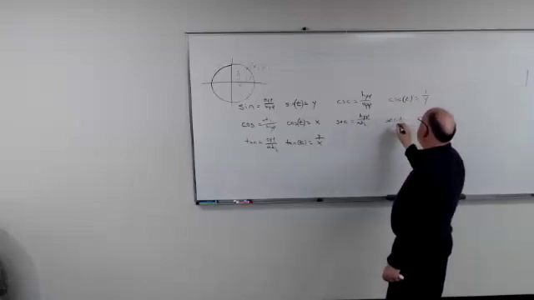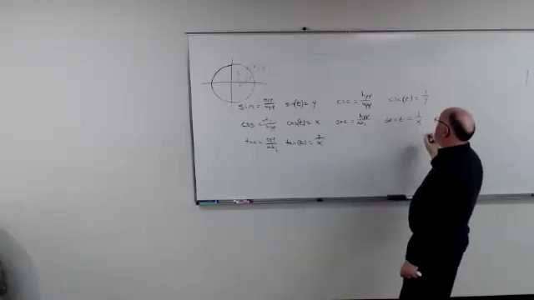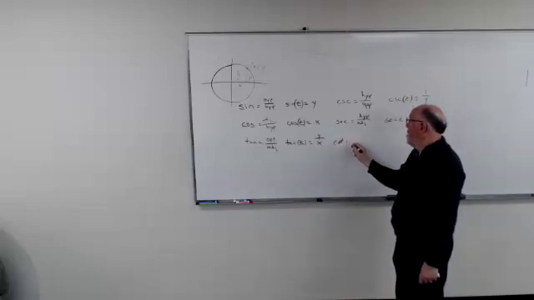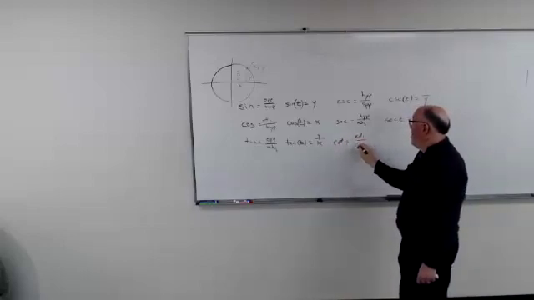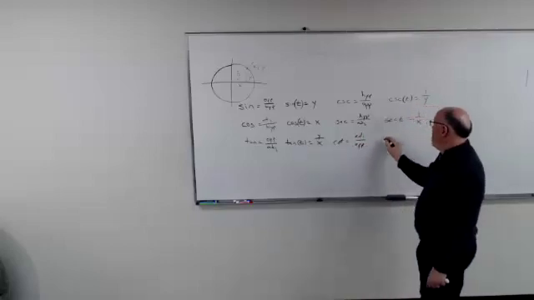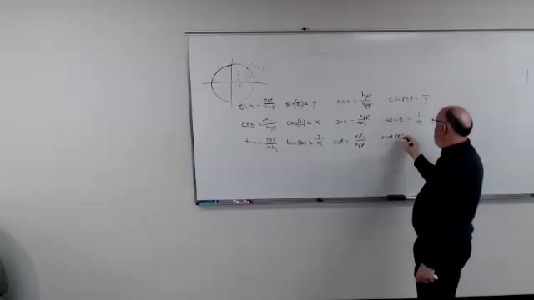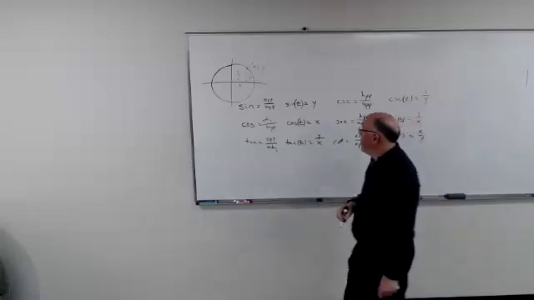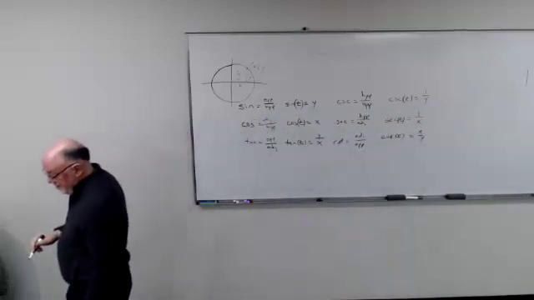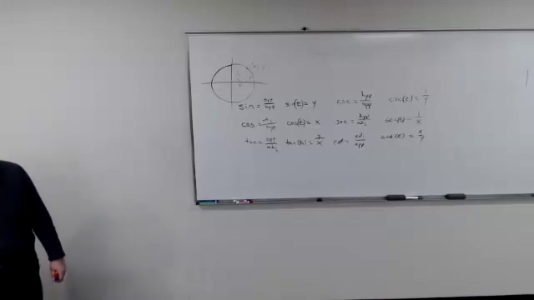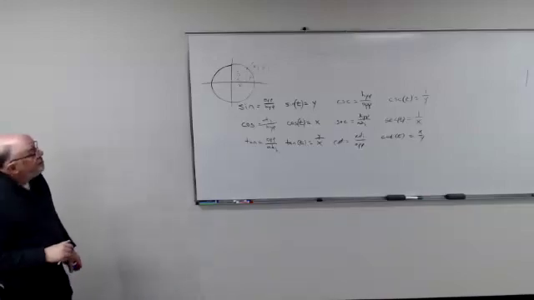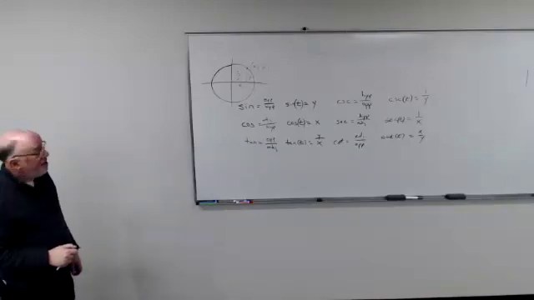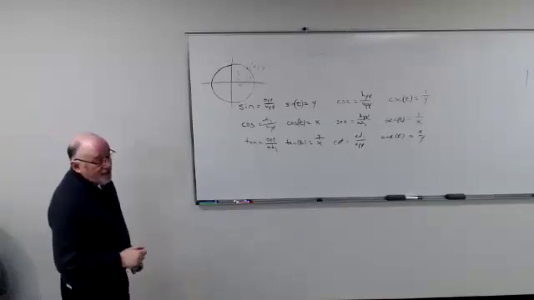Secant t is 1 over x. And then for tangent, we have cotangent, so this is going to be x over y. Those are the six trig functions: sine, cosine, tangent, cosecant, secant, and cotangent.